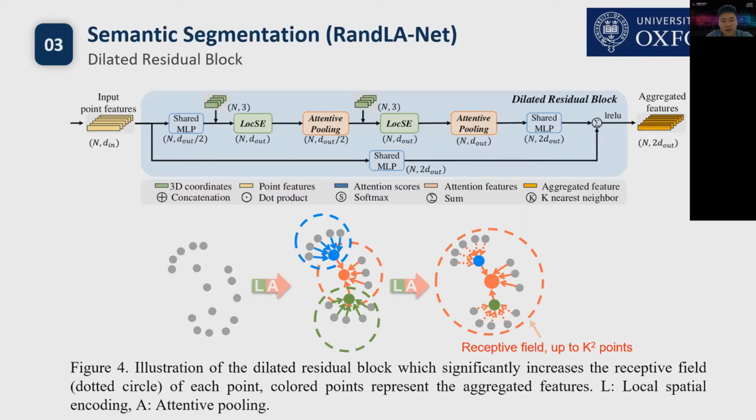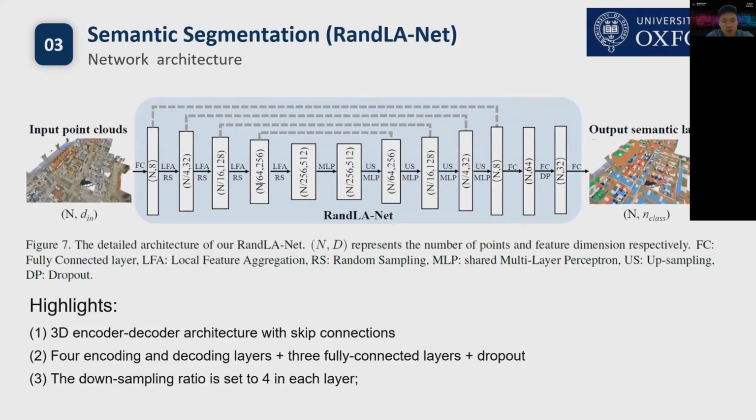And then this is the framework of our network. We follow the widely used encoder-decoder architecture with skip connections, and we use 4 encoding and decoding layers with 3 fully connected layers.